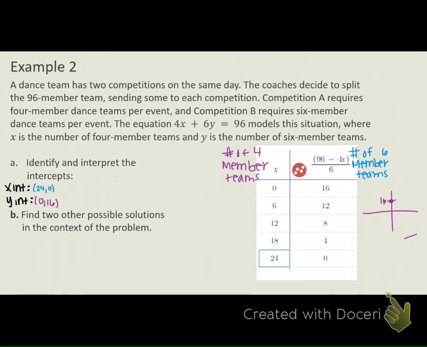So they can send 24 what? So 24 4-member teams and how many 6-member teams? No, be careful, in the same ordered pair.